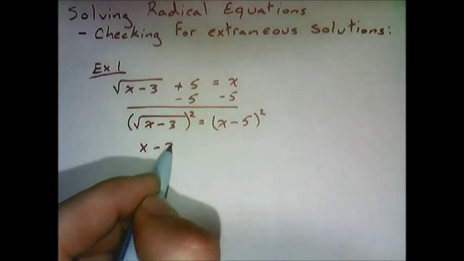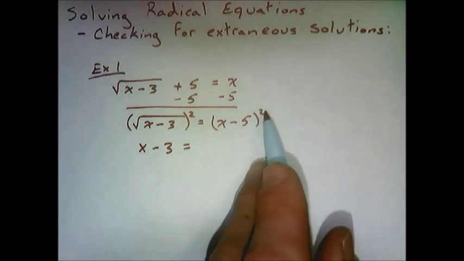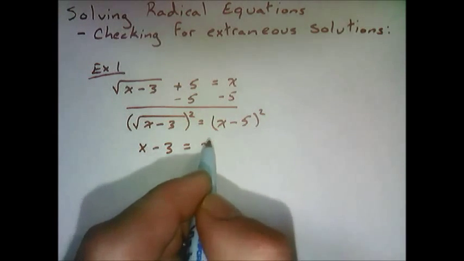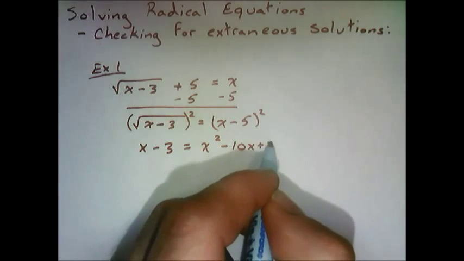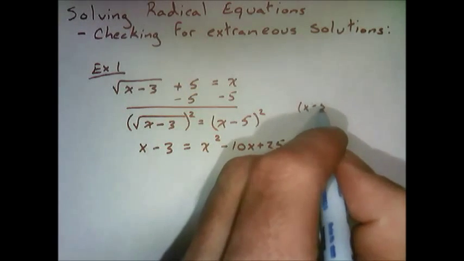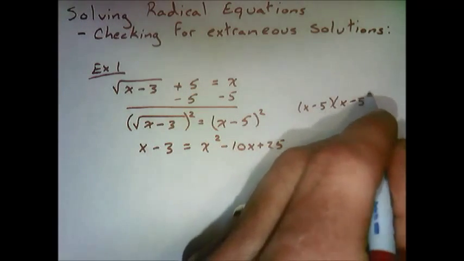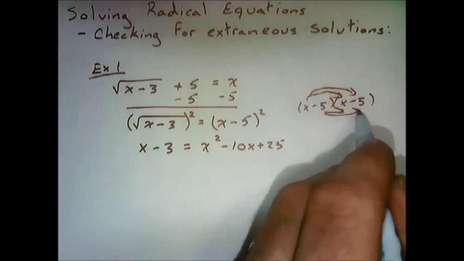So I have x minus 3 equal to x minus 5 squared, and I can multiply it out. So I get x squared minus 10x plus 25. Remember that square, we have x minus 5 times x minus 5. I distribute my x and my negative 5 through.